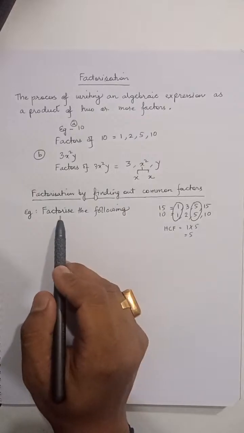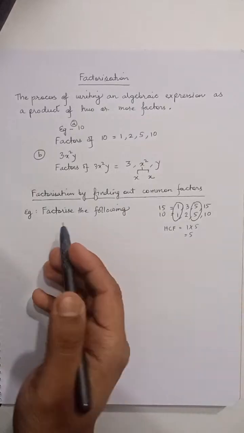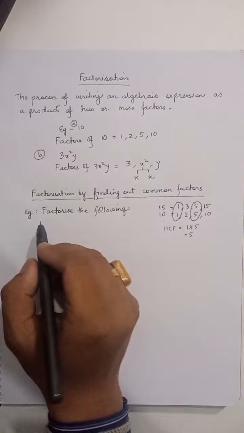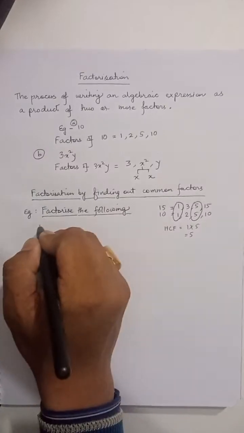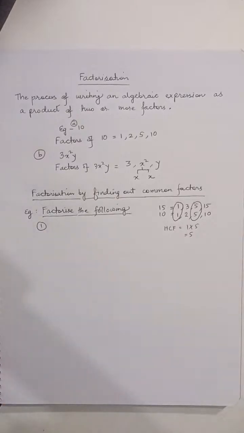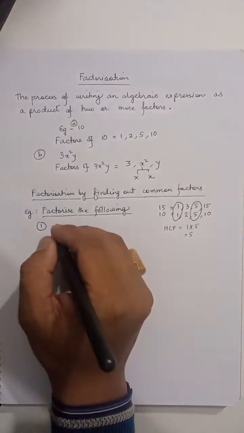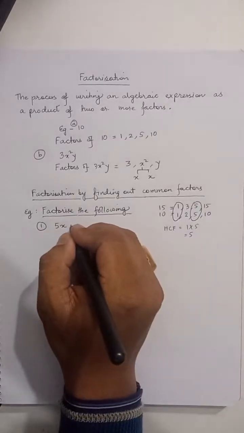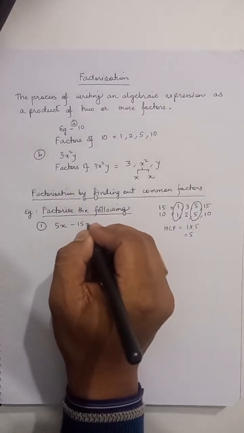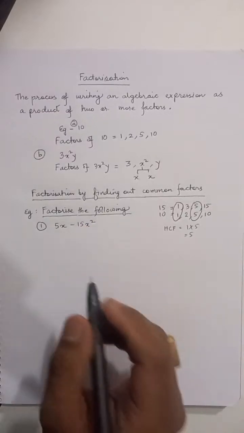Some books use factorize with a Z, some books use factorise with an S. Both are correct. So let's take an easy example: 5x minus 15x squared.